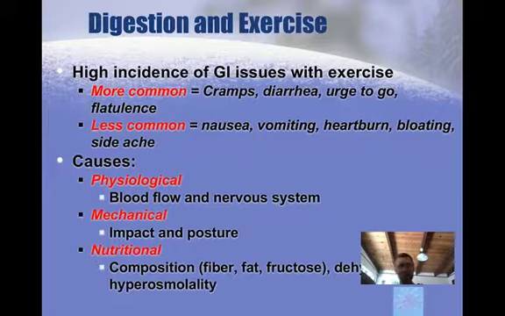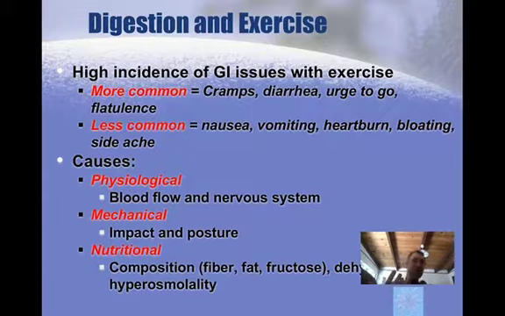There are mechanical issues. Depending on what you're doing for exercise, your posture could be conducive to issues, not allowing food to make its way through. Like, if you're not fit well on a bike, right, and you're crunched over too much, you could be putting pressure on the stomach or on the intestines, not allowing food or food products to make their way through.